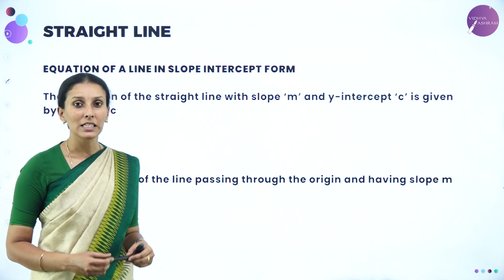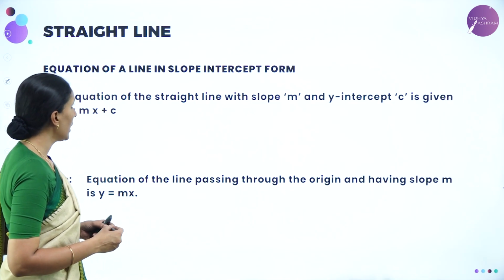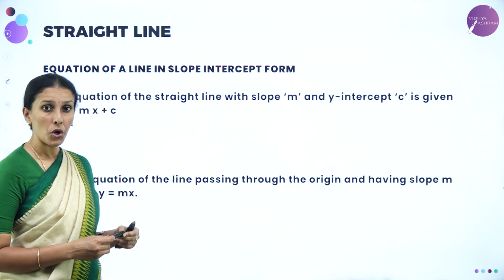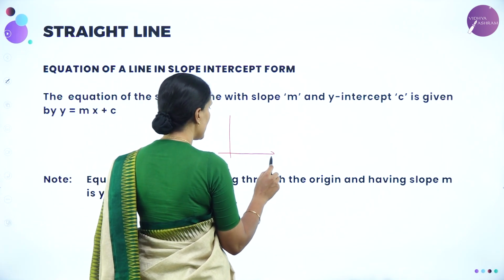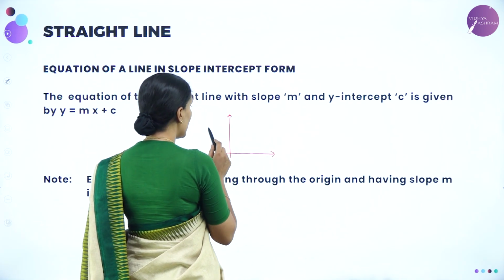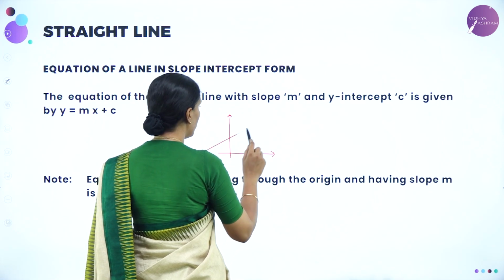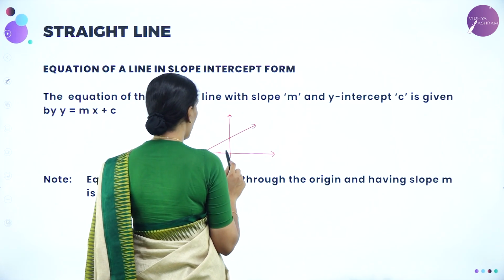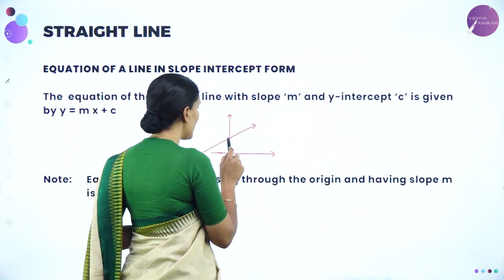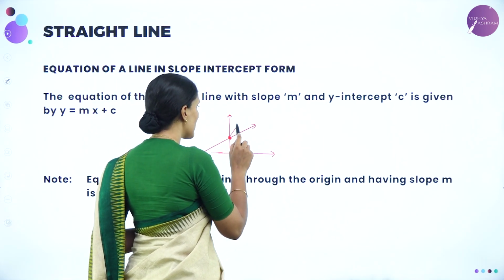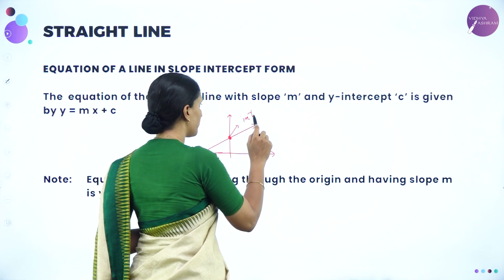The next one is the equation of a line in slope-intercept form. What do you mean by intercept? If this is your x-axis and y-axis, consider a straight line intersecting the y-axis. If a line cuts the y-axis, then this is called an intercept.